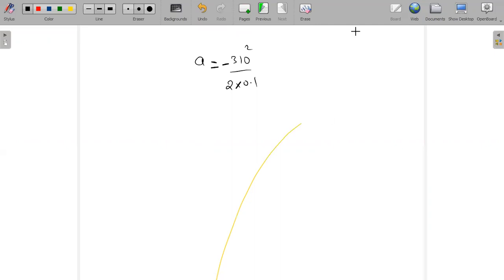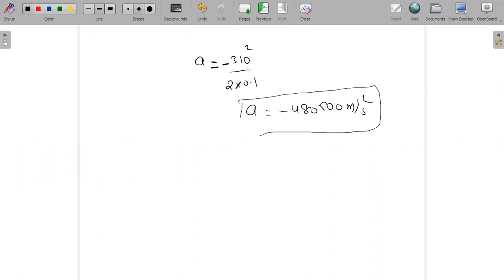Yes. a is becoming minus 480,500 meter per second square. Okay. Clear? You got the value of a.